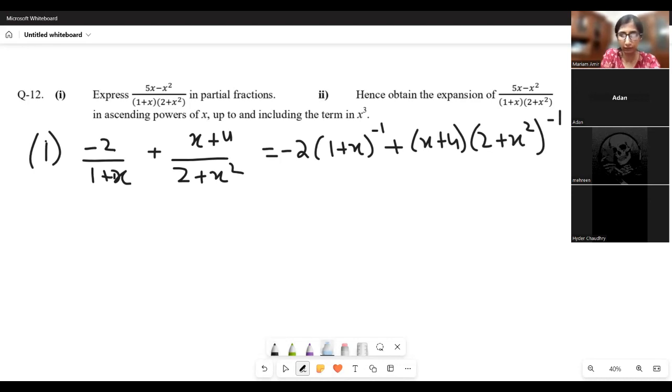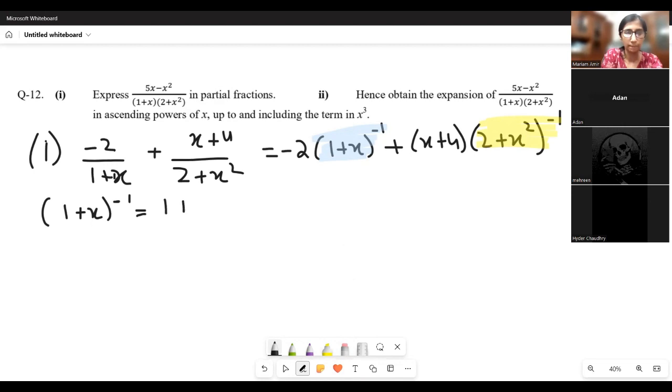So we need to expand this, and we need to expand this. Let's do that first. So we have 1 plus x power minus 1 till x cubed.